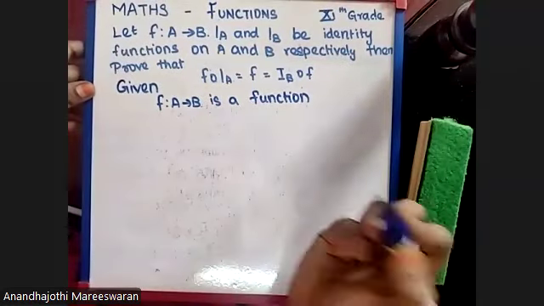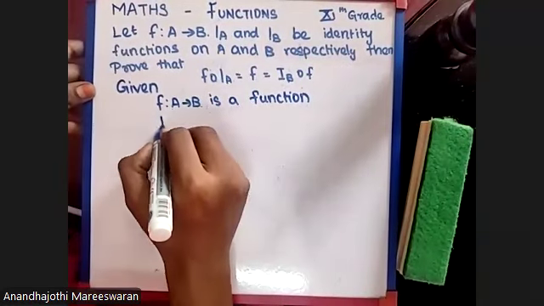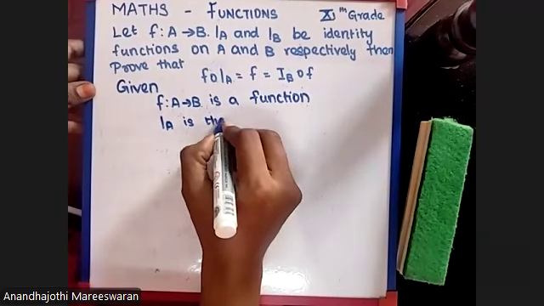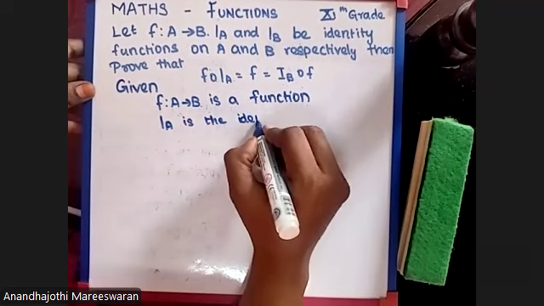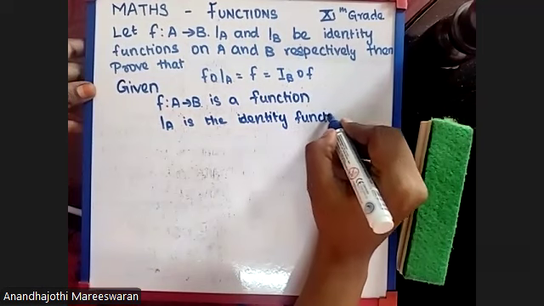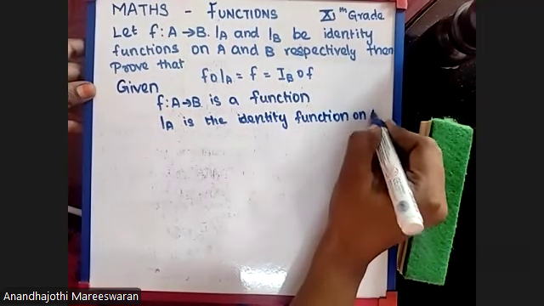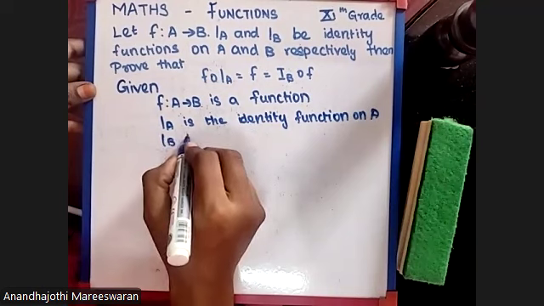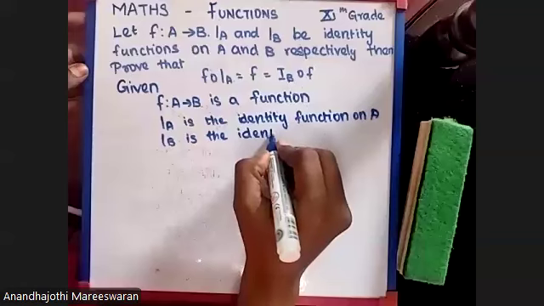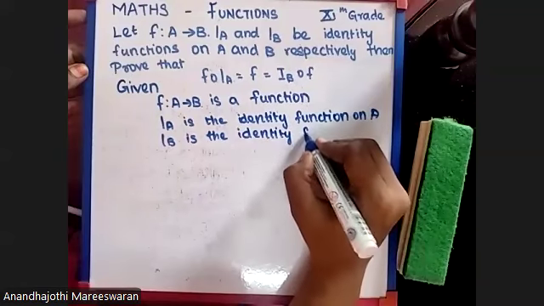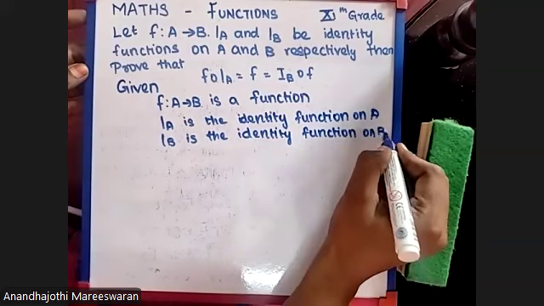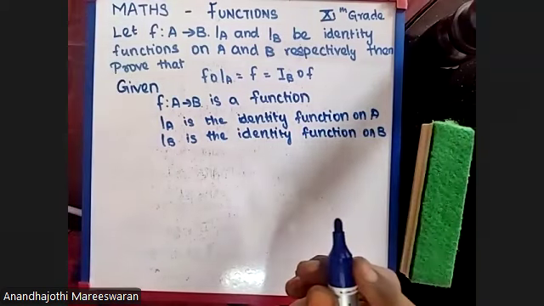Then IA is the identity function on A, and IB is the identity function on B. This is what they have given to us.